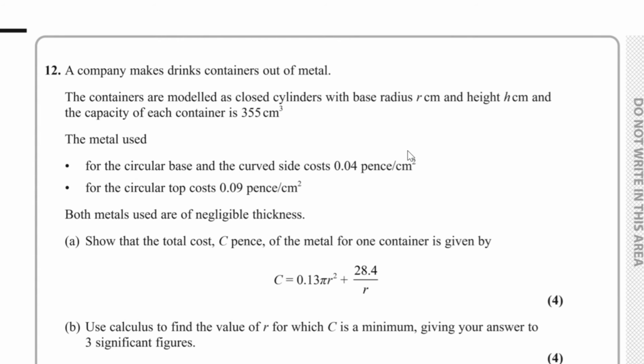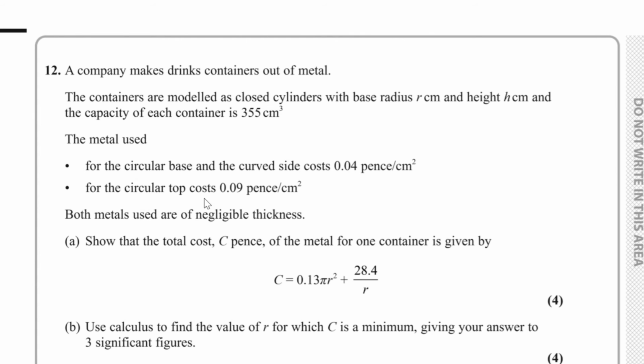Question number 12. A company makes drinks containers out of metal. The containers are modelled as closed cylinders with base radius r centimeters and height h centimeters, and the capacity of each container is 355 centimeters cubed. The metal used for the circular base and the curved side costs 0.04 pence per centimeter squared.